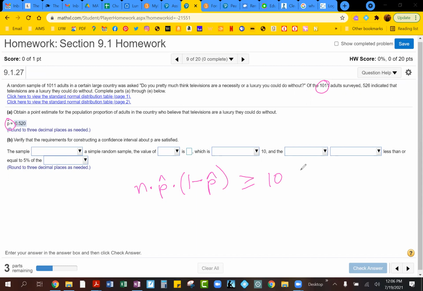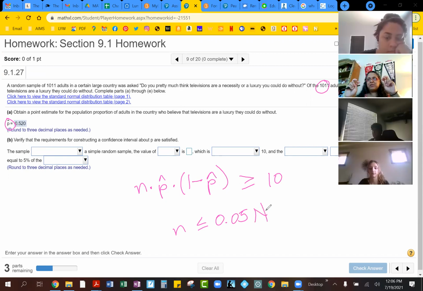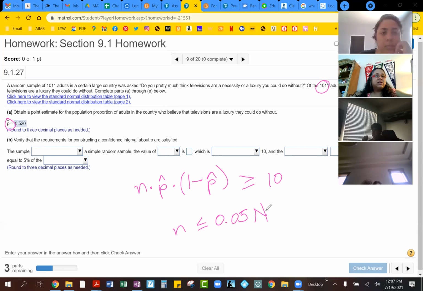The other one is we have to see if our sample size n is less than or equal to 5% of the total population. So remember, capital N is supposed to be the actual population. So if we were talking about adults in this certain large country, then that capital N means all the adults in that country.